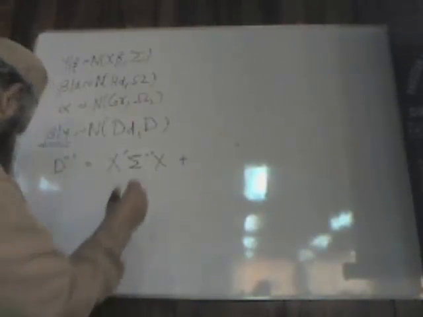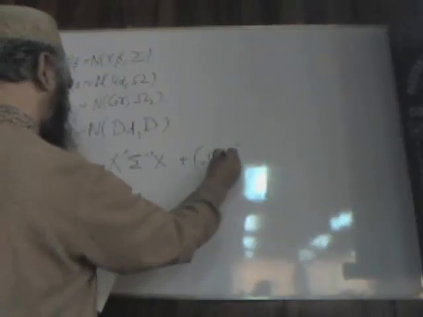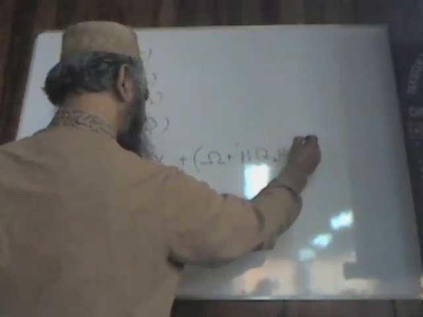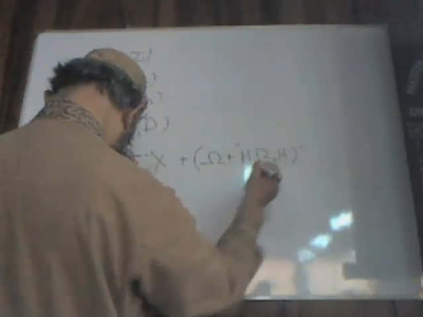One of them is the data precision, X transpose sigma inverse X, plus the other precision, which is omega plus H omega 2 H transpose, inverse. So this is the data precision, and that's the prior precision.